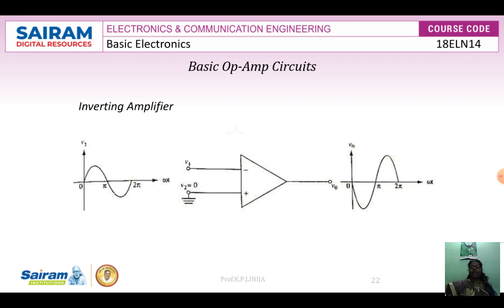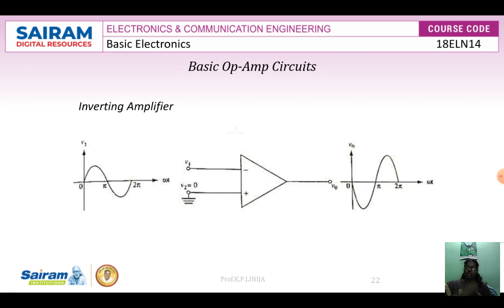In the inverting amplifier, you see, this is the operational amplifier. We know that the minus sign shows the inverting terminal and the positive sign shows the non-inverting terminal. In this diagram, the non-inverting terminal is grounded. So it is very clear that we are going to give the input to the inverting terminal, that is V1.